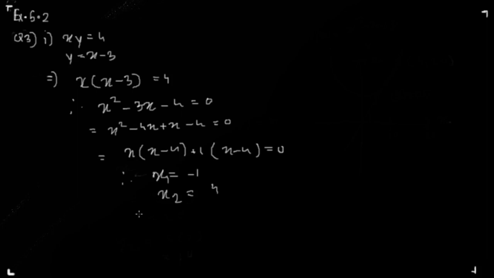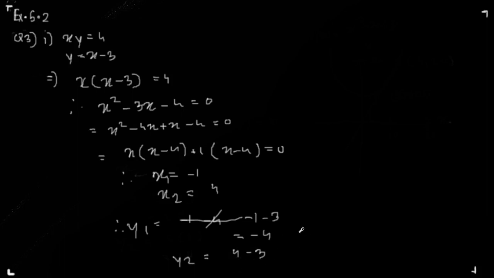So from here you can conclude that y1, if you plug this back into this equation, is minus 1 minus 3, which equals minus 4. And y2 is equal to, since x is 4 here, 4 minus 3, so y2 is equal to 1.